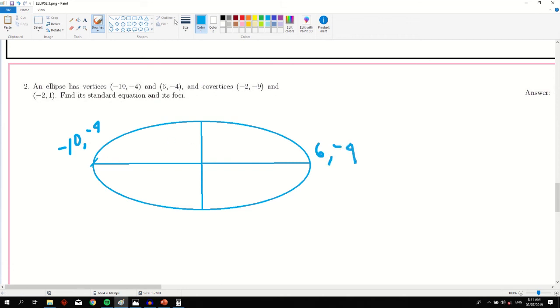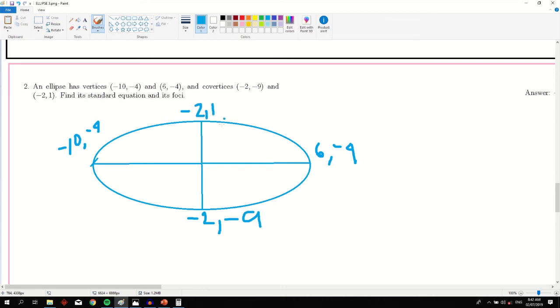The covertex is negative 2, negative 9, and negative 2, 1.